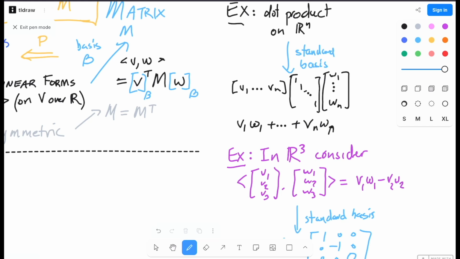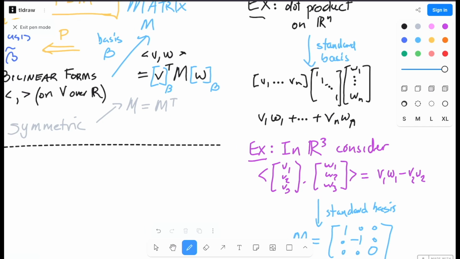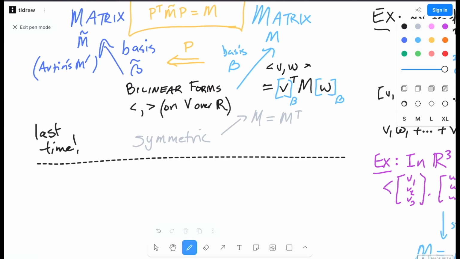And the standard basis is very special in the sense that it's an orthonormal basis. You might suspect that perhaps if we focus our attention on orthonormal bases, then the matrices that we get might also be special. Now, this is a little bit tricky to do because orthonormal is a concept that makes sense in the context of an inner product, and here we don't necessarily have an inner product. The only thing I've told you is that we have a real vector space.